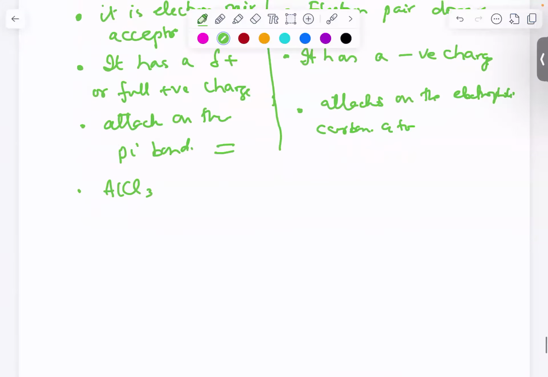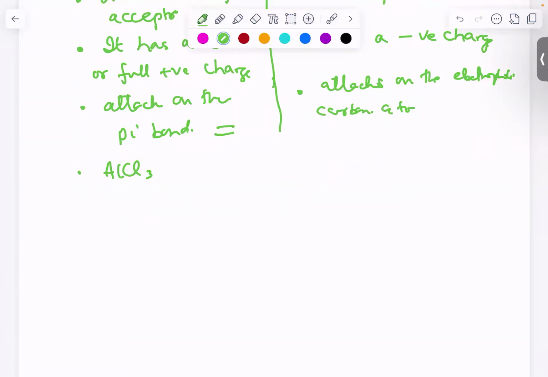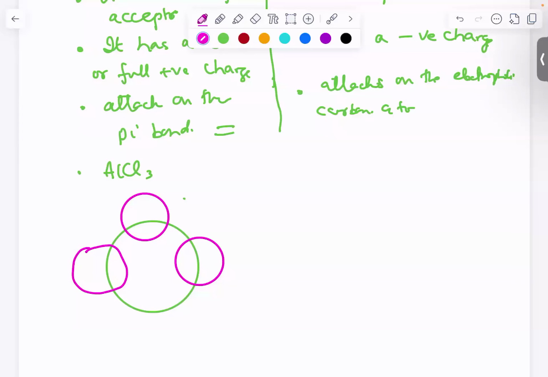The electrophile is AlCl3. Let me draw this. This is AlCl3, so one, two, three chlorines, and then each chlorine with its seven electrons.